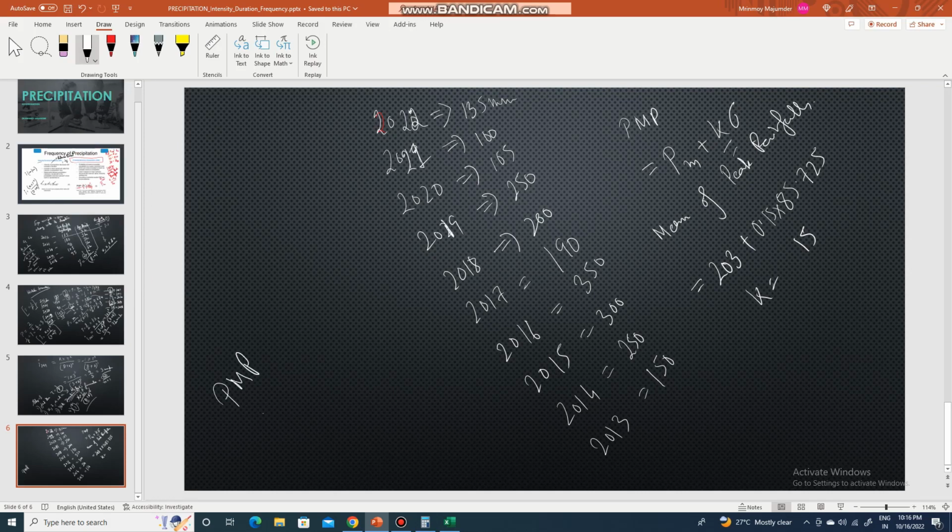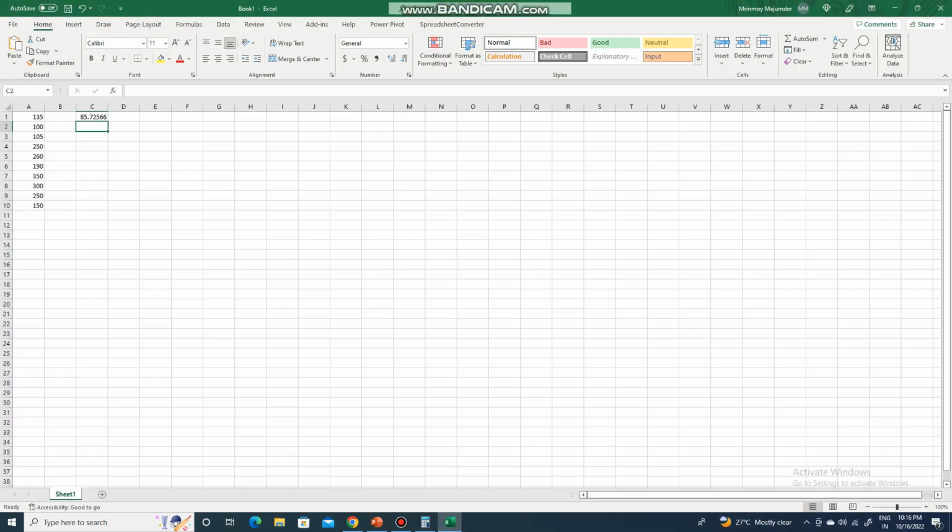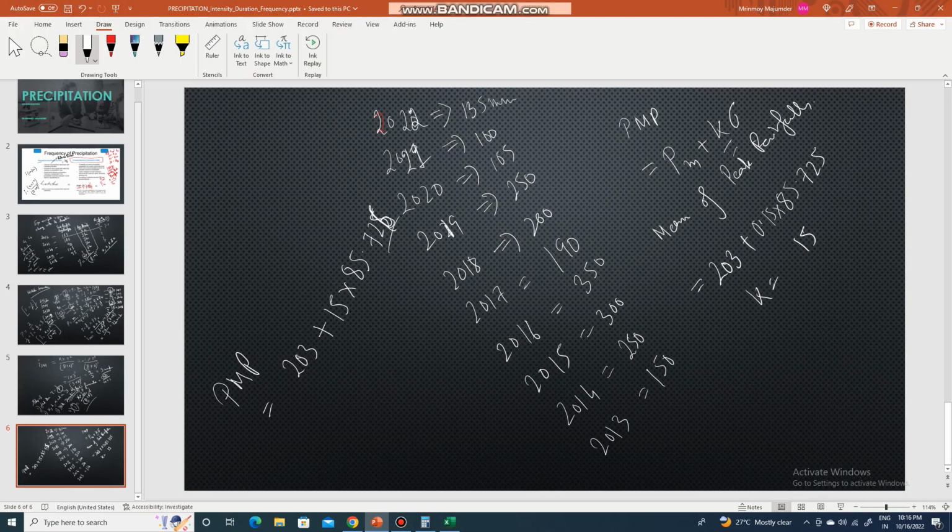PMP is equal to 203, the mean, plus 15 multiplied by 85.725. This is 85.725.